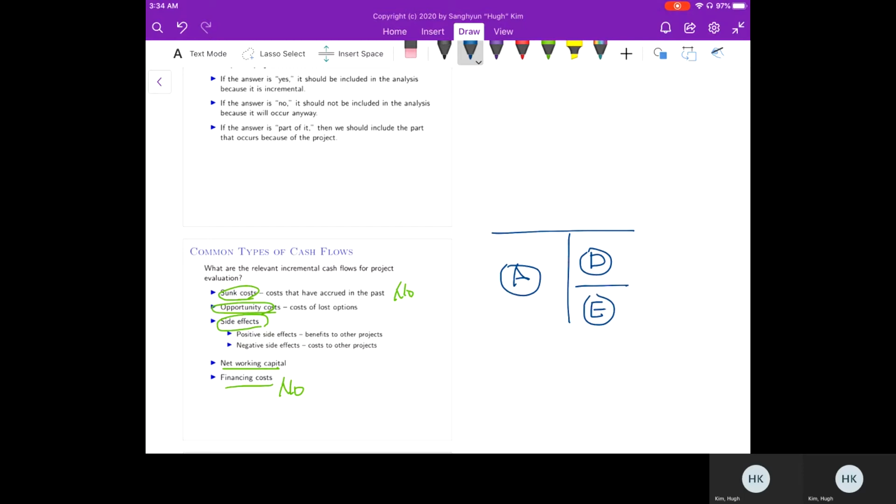The capital budgeting analysis involves the asset side, or left side, of the balance sheet. On the other hand, cost of capital analysis involves the right side of the balance sheet. Because we're going to do the cost of capital analysis separately from capital budgeting analysis, we should remove financing costs from the income statement when we determine project cash flows.